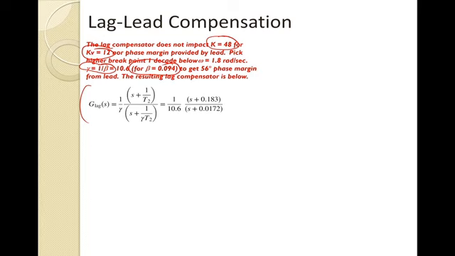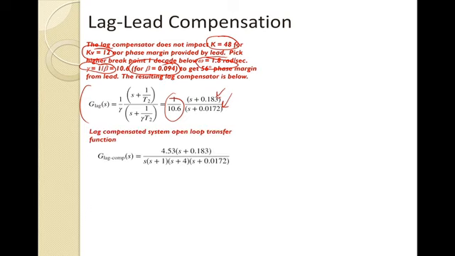We know our gamma term right here, and we know our lower break frequency about 1 decade below, at about 0.183. So we can design our lag compensator as shown right there.